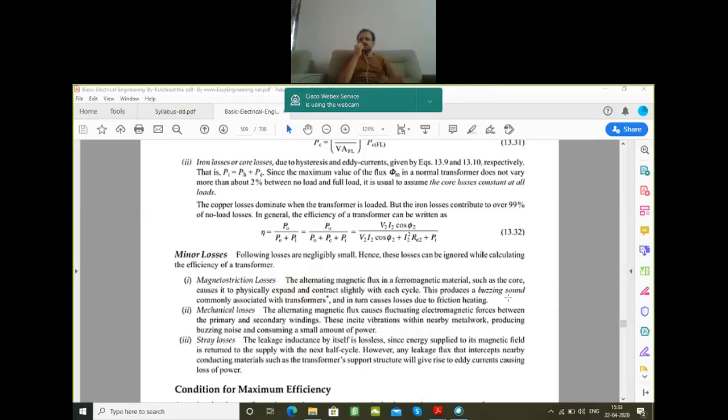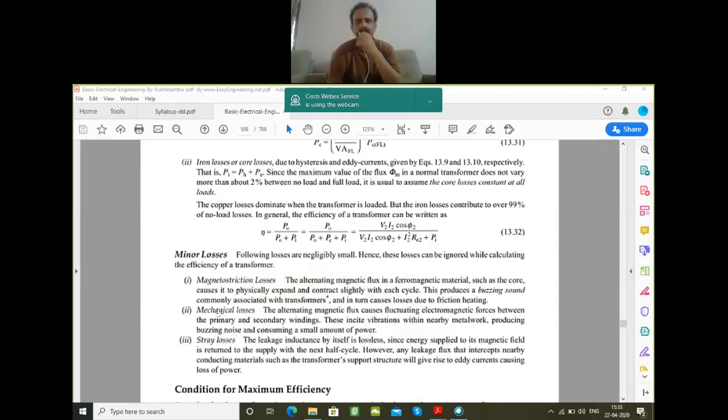Because it contracts and expands, there will be some vibration. Because of this vibration, sound is produced, called buzzing sound, and a lot of heat is developed. It is called friction heating. That is magnetostriction losses.